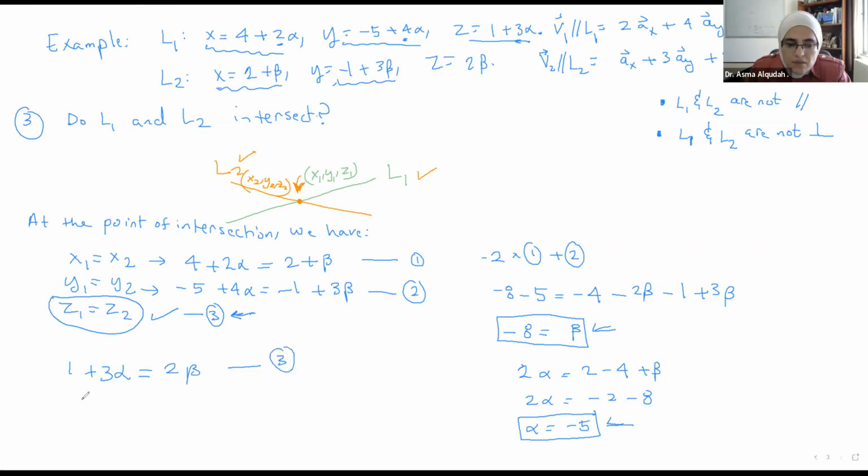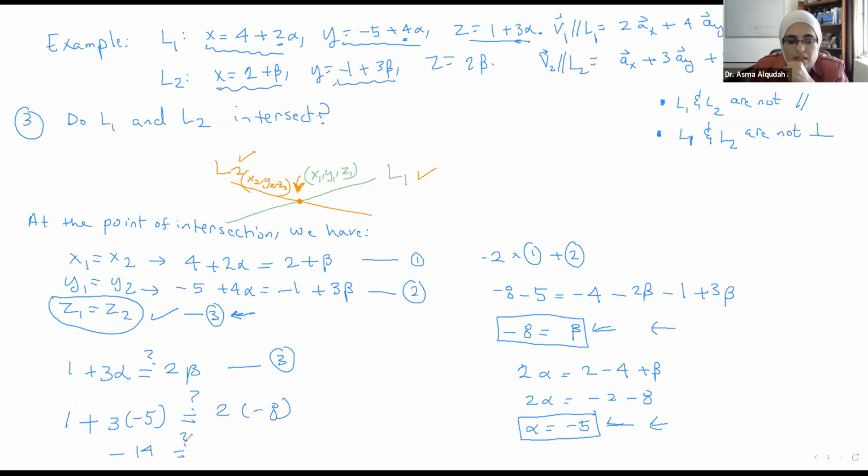Let's substitute the values of alpha and beta we just found and see if the equation is satisfied. So 1 plus 3 alpha, 3 times minus 5, is it equal to 2 beta, which is 2 times minus 8? So 1 plus minus 15 is equal to minus 14.